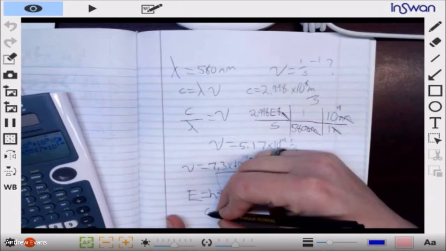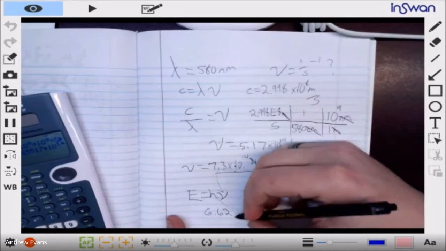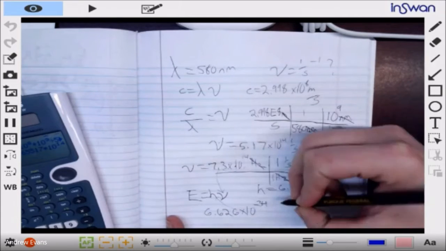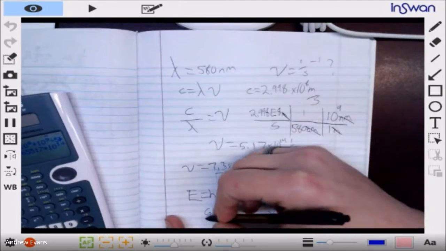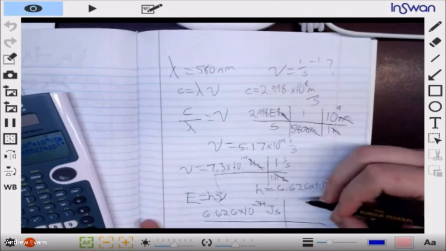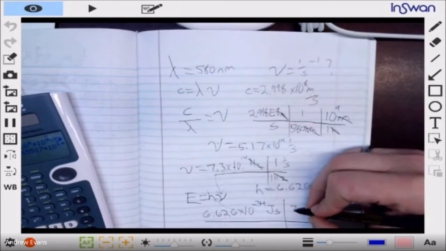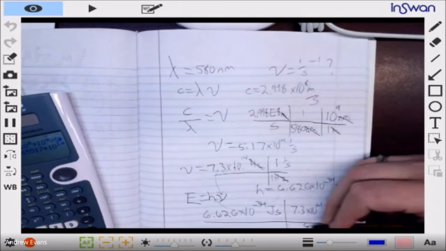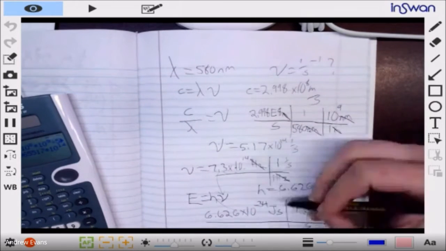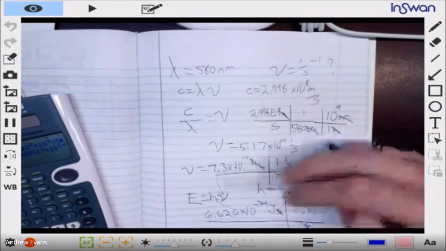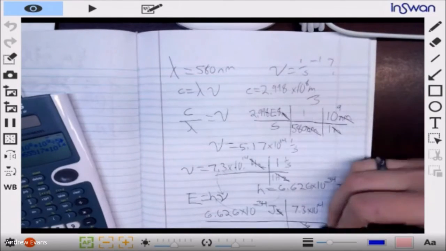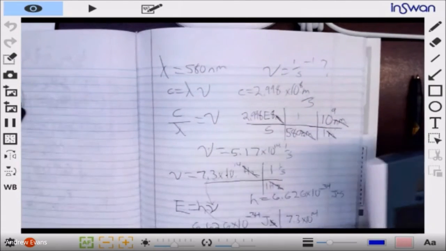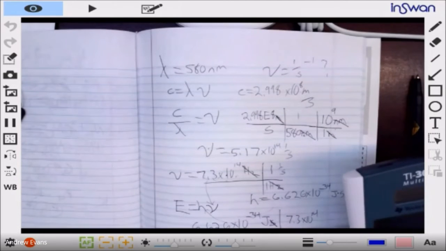So our 7.3 times 10 to the 14th is going to be greatly reduced in size because we're multiplying by h, which happens to be really, really small. So a really, really big number becomes really, really small. And because this is inverse seconds, this cancels out with seconds, and we're left with just joules, a form of energy.